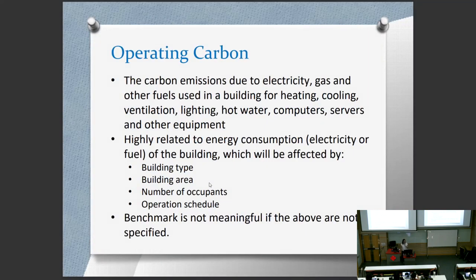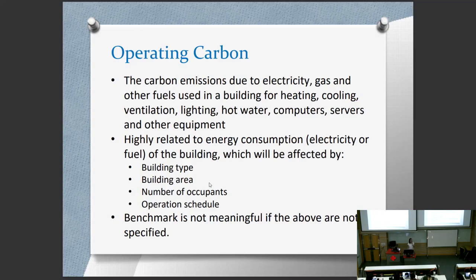So operating carbon is the carbon emissions due to electricity, gas, and other fuels used in a building for heating, cooling, ventilation, lighting, hot water, computers, servers, and other equipment.